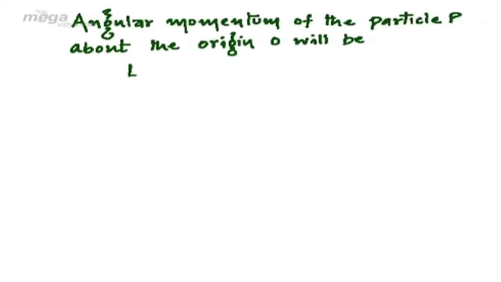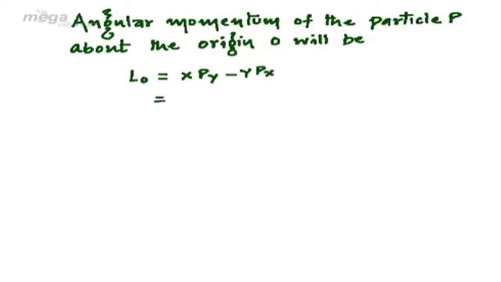Now we can say the angular momentum of the particle P about O, let's denote it as L0, according to the coordinate system as we have already studied, will be equal to x py minus y px.